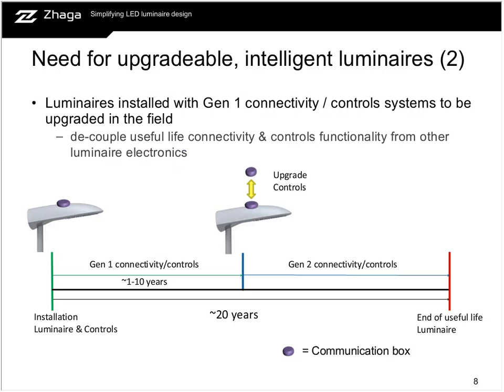And then in the same node, we will have the updated and upgraded functionality for the rest of the useful life. The advantage of such a smart or system-ready approach is that we also decouple the useful life of the connectivity control functions from the rest of the electronics, which could be significantly different.